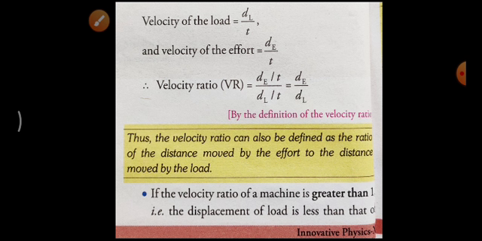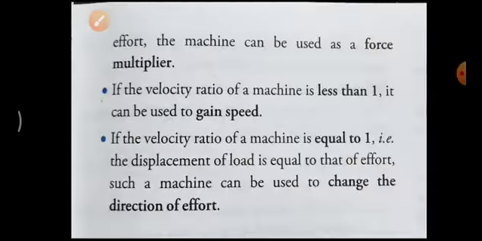Now some points are given, and these points are very important also. If the velocity ratio of a machine is greater than 1, that is, the displacement of the load is less than that of the effort, the machine can be used as a force multiplier. So in which case can we use the machine as a force multiplier?